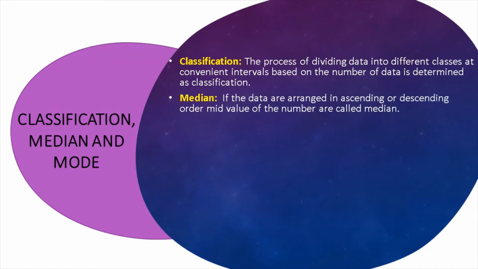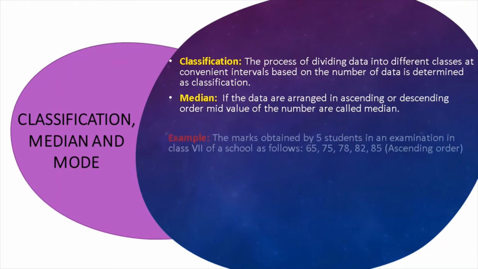After that, median. If the data are arranged in ascending or descending order, the mid value of the numbers is called the median. That means in order to find the median, you have to first make the data ascending or descending, then you can find the median. Let us see an example.